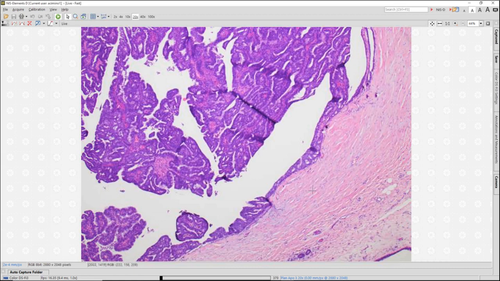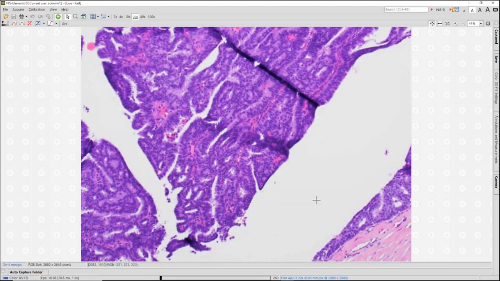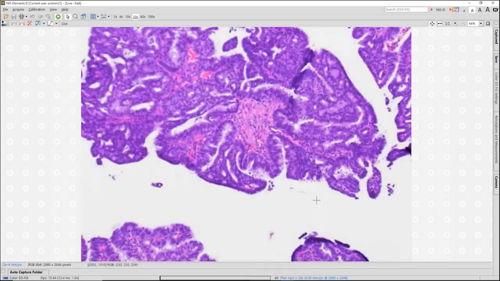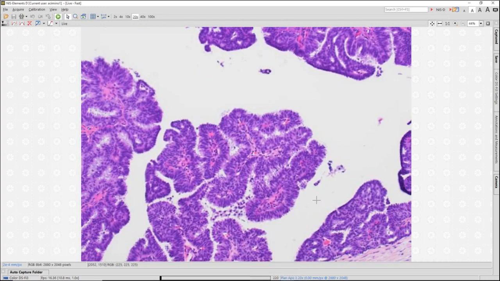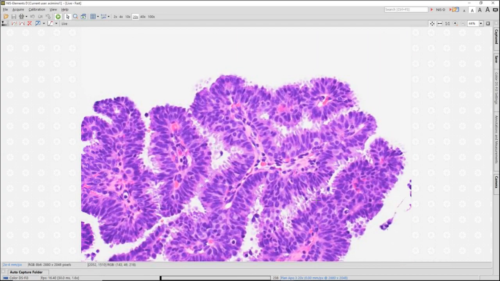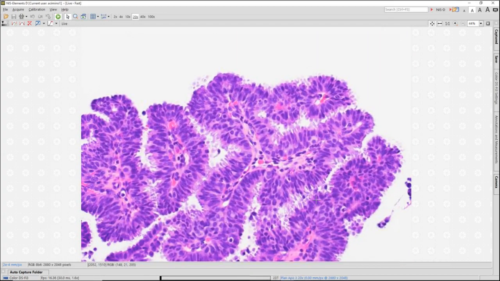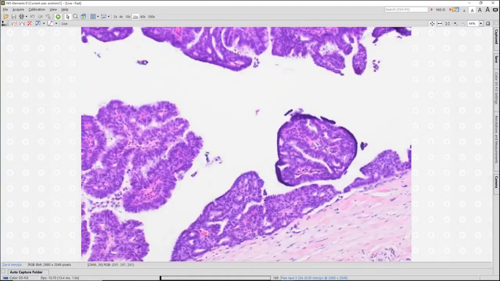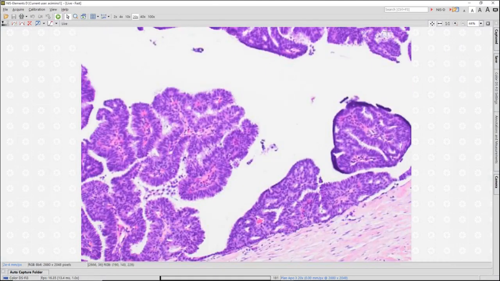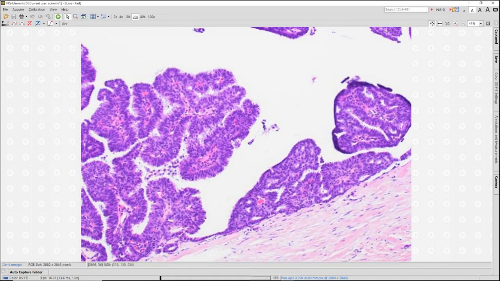I'm thinking that this is on the atypical side of our differential rather than a benign papilloma. If I look more closely at the cells, again, they're hyperchromatic. They often have a more columnar-like appearance, a more tubular arrangement of the nuclei, and I don't definitely see a myoepithelial cell layer. So let's keep this image in your mind. This is an encapsulated papillary carcinoma.